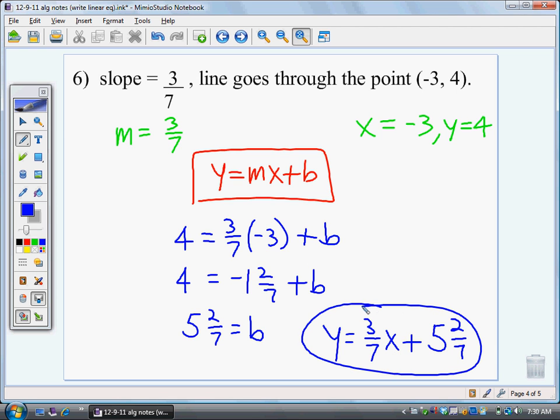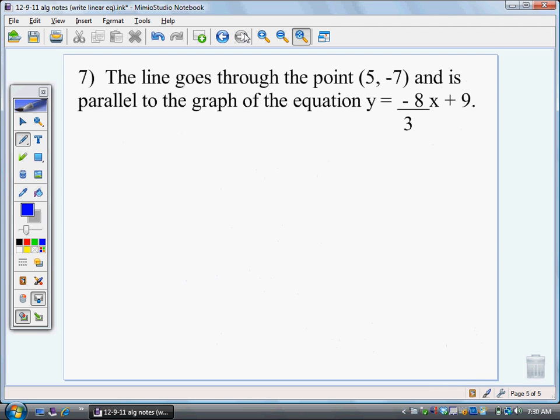That's your answer. The last one I have uses parallel lines. We have the same idea as what we had before. We have the value for x and we have the value for y.